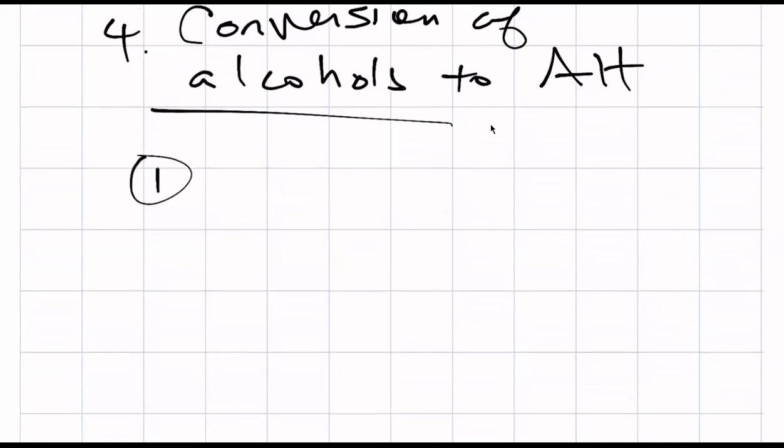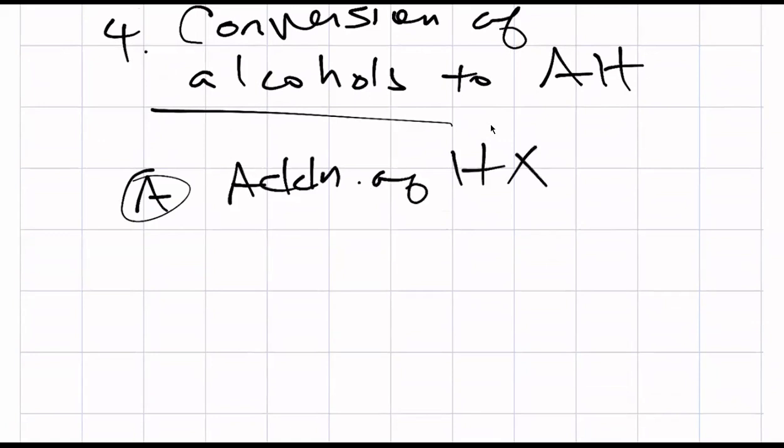The first method is, let me do A. First method is addition of HX. So addition of HX. Normally you do this with a tertiary alcohol, like tert-butanol. It works for secondary.